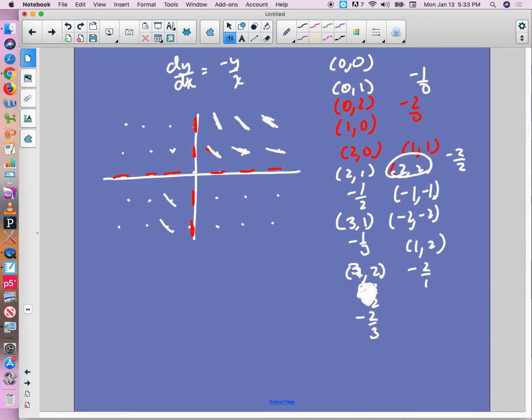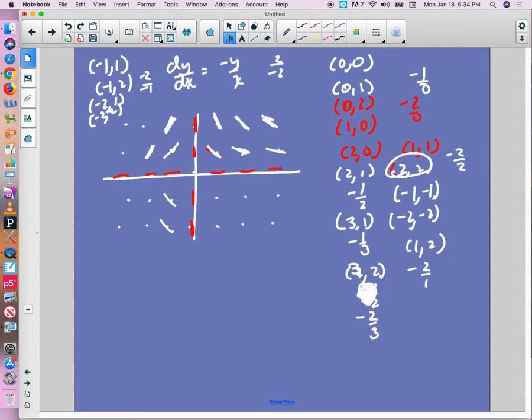All right, (-1, 1) will give you 1. (-1, 2) would give me negative 2 over negative 1, which is 2, a little steep there. (-2, 1) would give me 2. (-2, 2) would give me... wait, something's wrong there.